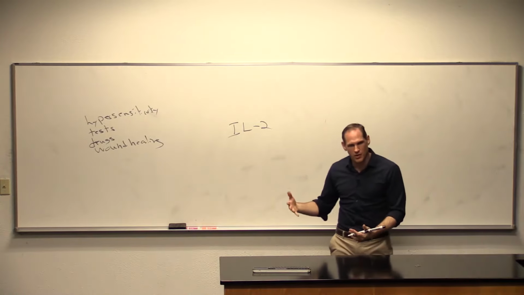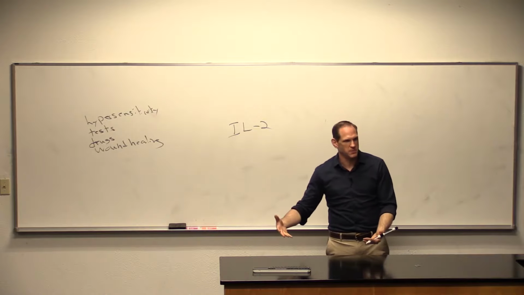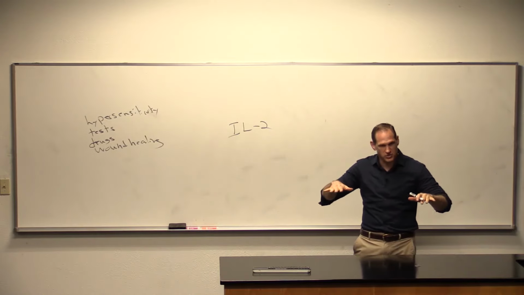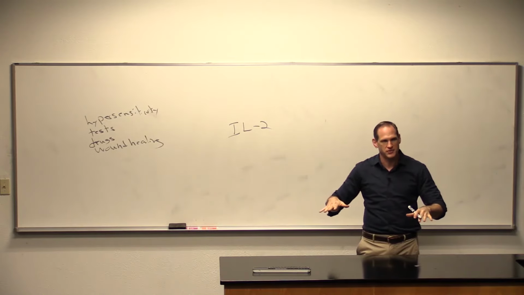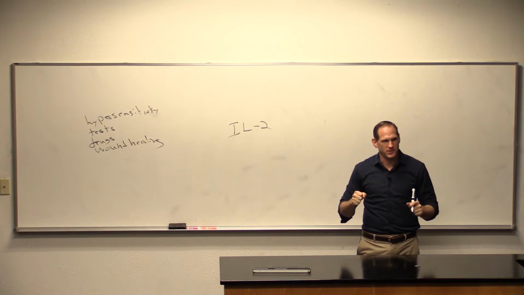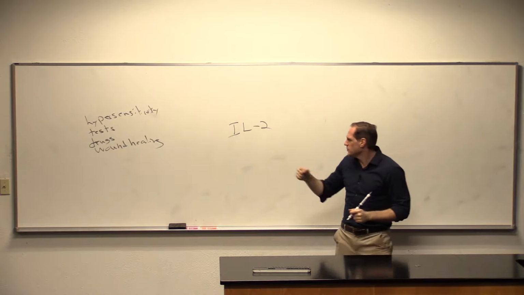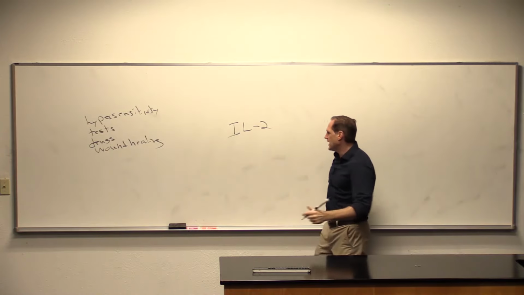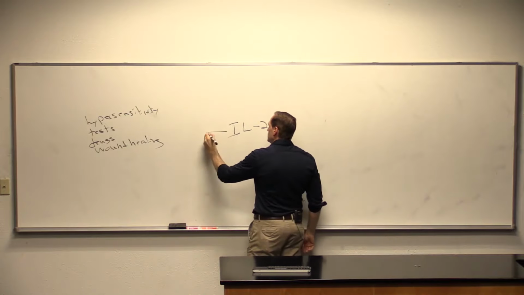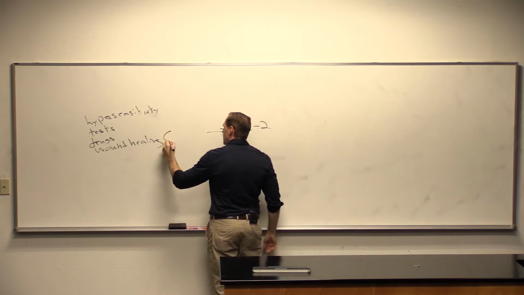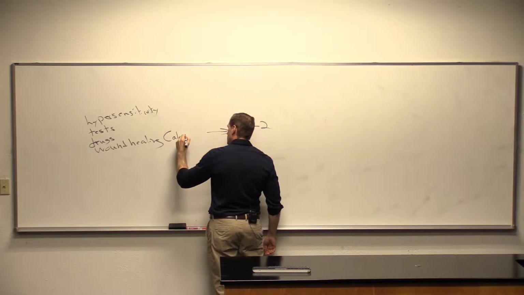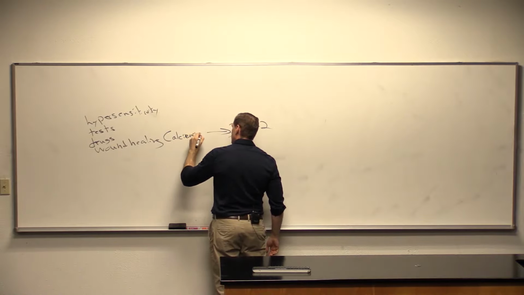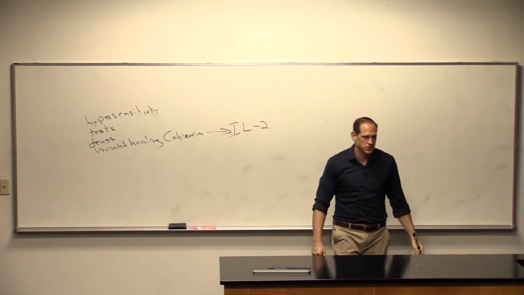Now, if we had someone who has an inappropriate immune response and we want to lower the immune response by lowering the amount of T cells, what would we do? We'd want to reduce the amount of interleukin 2, right? Well, as it turns out, interleukin 2 comes from a substance called calcineurin.